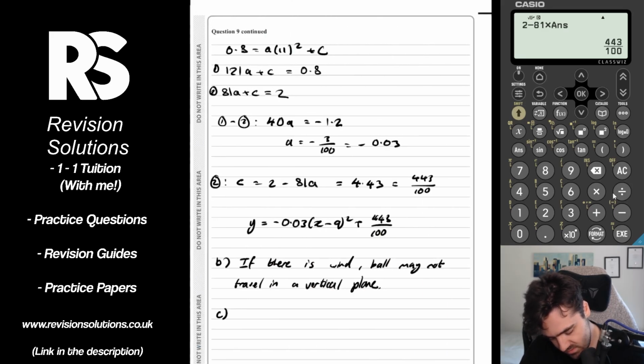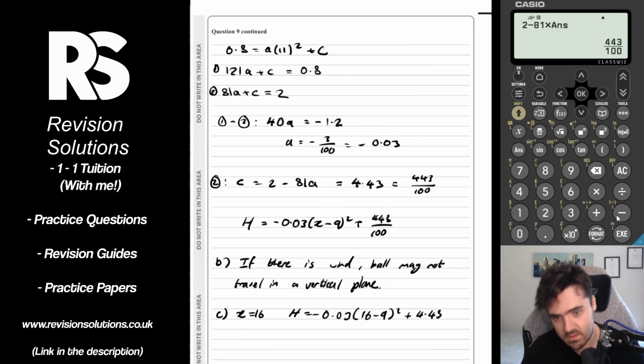So when x equals 16, our model, sorry, before this shouldn't have been a y, should it? This was an h, really. Let's put it back as an h. So h would be minus 0.03 times (16 minus 9) all squared plus our 4.43.